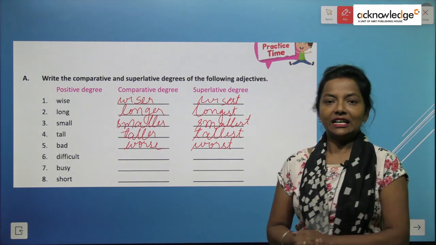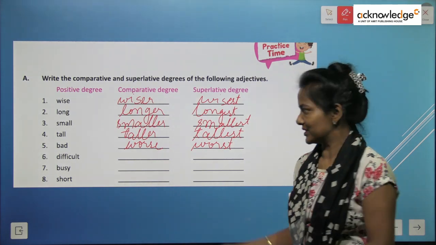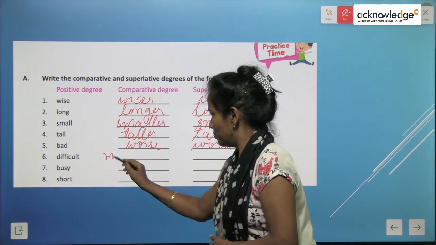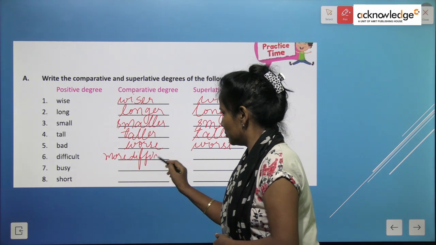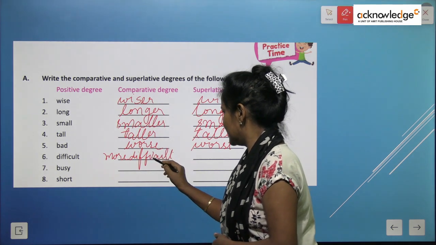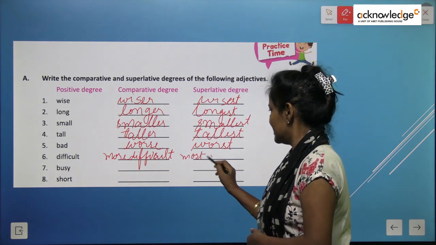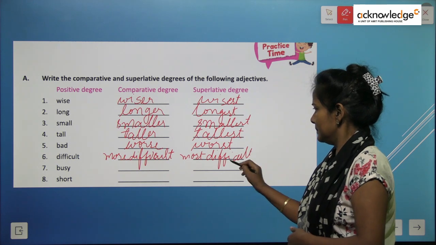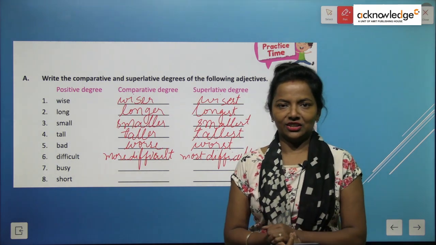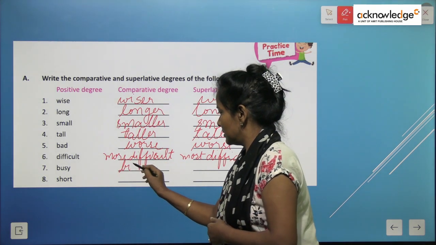Okay. Difficult. Here we have to add more and most. Difficult, more difficult. See, all the rules are being applied here. More difficult, and the superlative degree is most difficult. Okay, children. Busy also. Busy, busier, busiest.